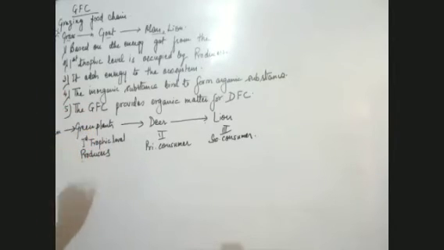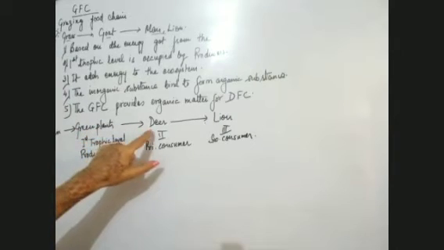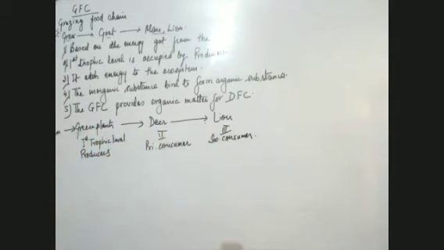And then when the organic components are transferred from the first trophic level to the second, and then from the second to the third. So first of all, the inorganic substances are converted into organic substances, and there is transfer of that organic substance from one trophic level to another trophic level.